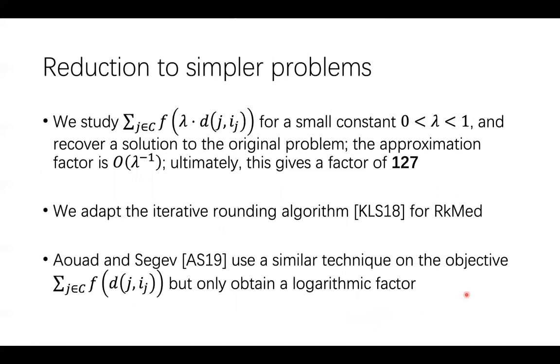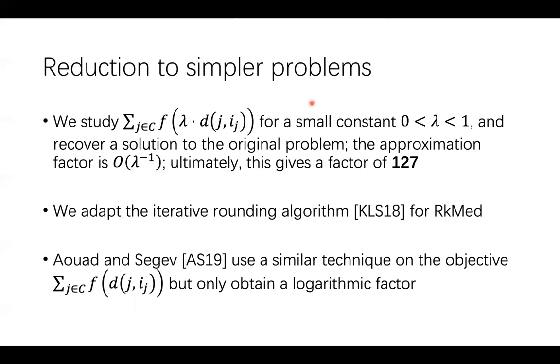To tackle this issue, we use a slightly different objective in our algorithm. We choose a small constant lambda, and we put lambda in the input of f as well. We solve the new problem where the objective is replaced with this lambda-scaled version, and then we use that solution as an approximate solution to the original problem.